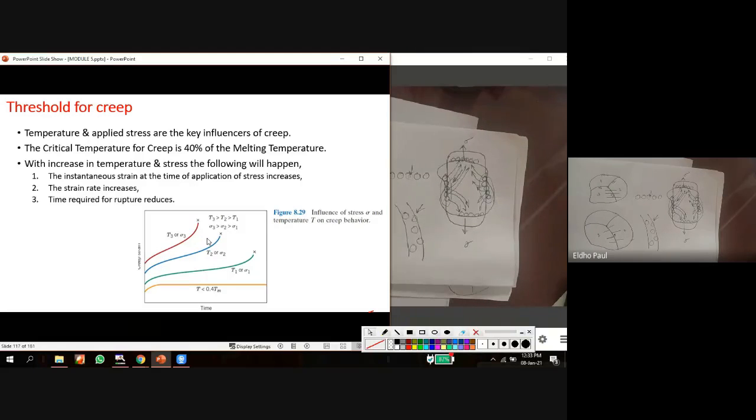There is a threshold value of temperature and stress for creep deformation. So when we increase the temperature above this threshold temperature and threshold stress value, only then does creep deformation appear in the structural member. Okay, so that is about the threshold value of creep.